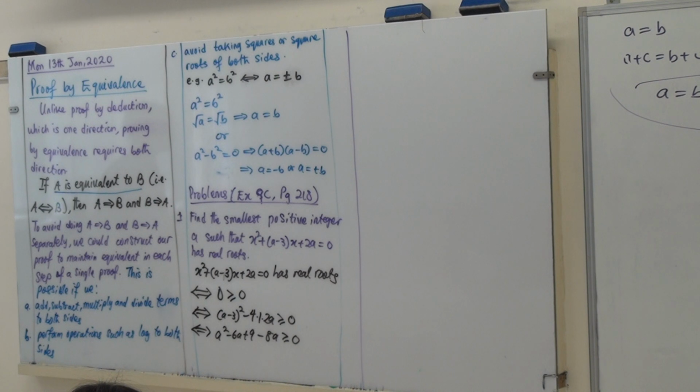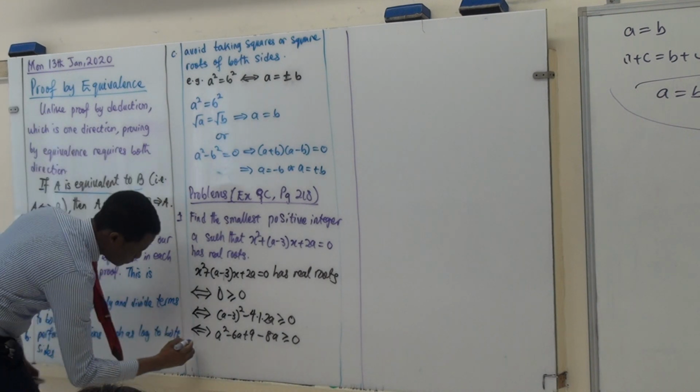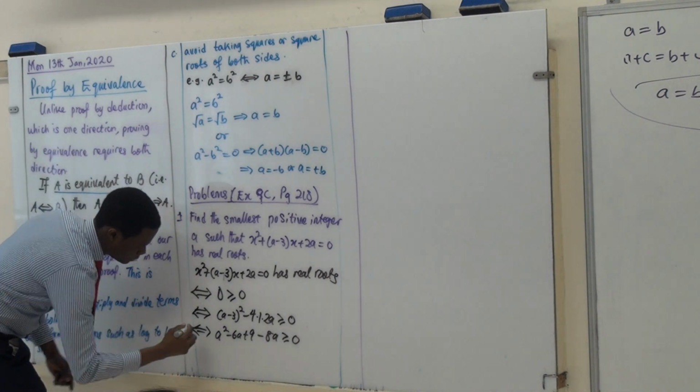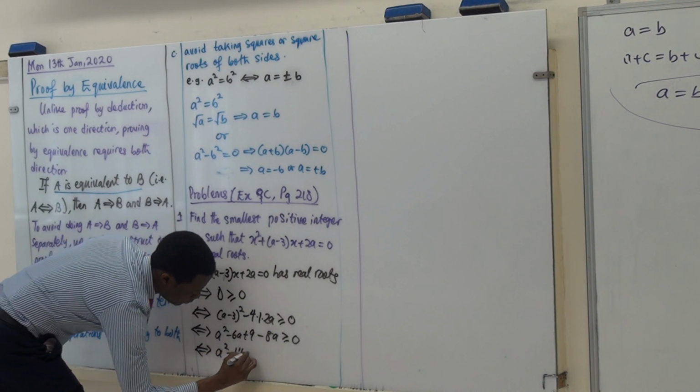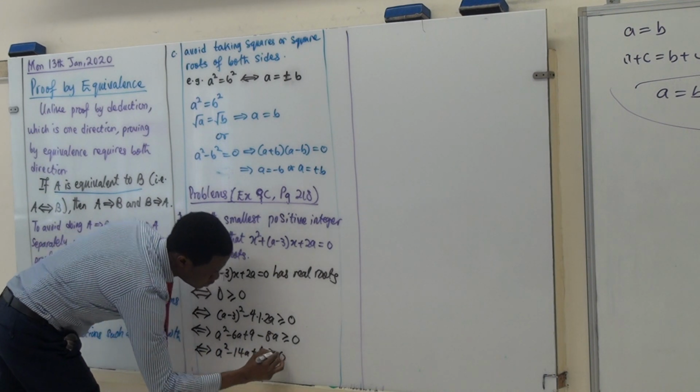It's minus 14a. So a squared minus 14a plus 9 is greater than or equal to 0.